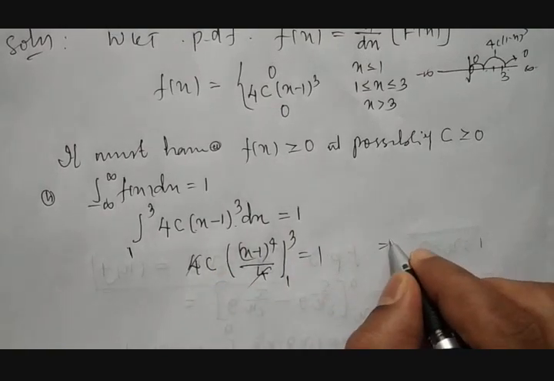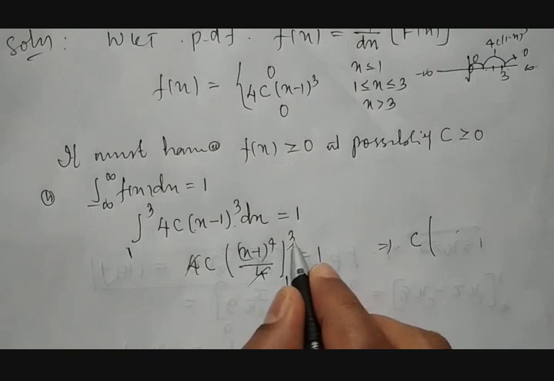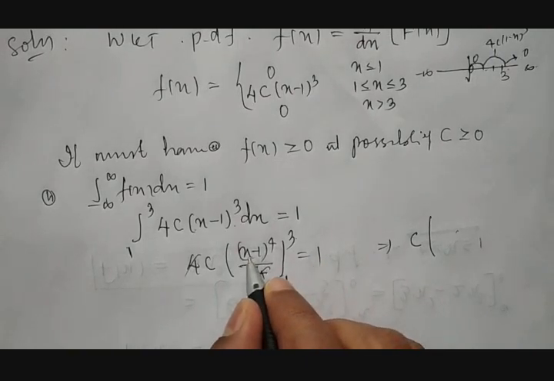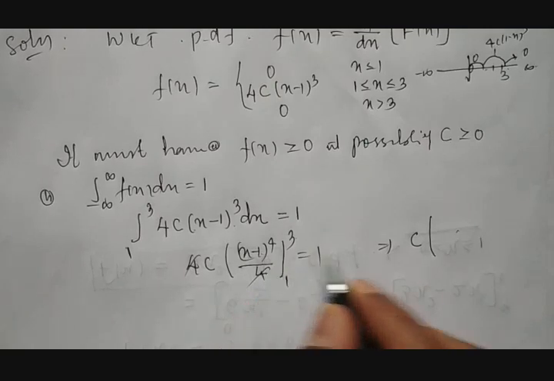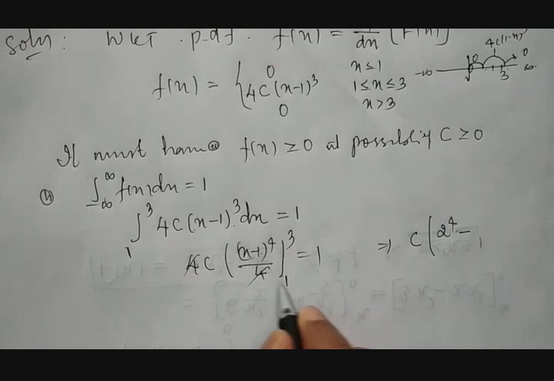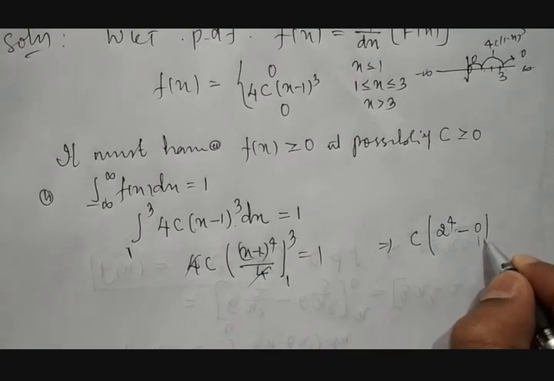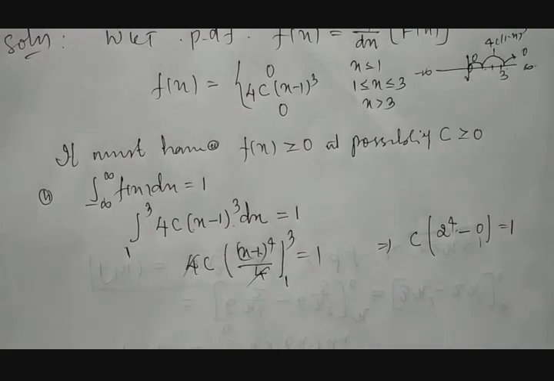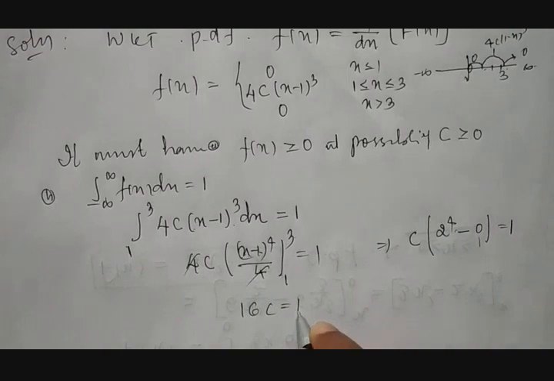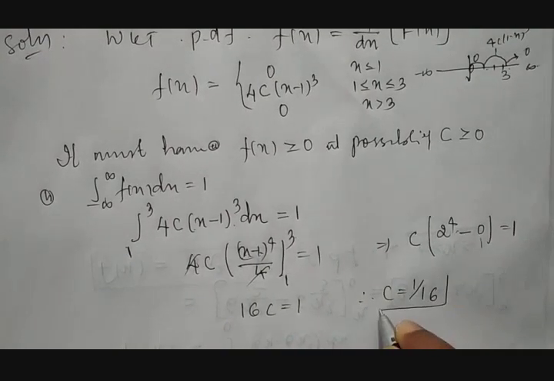The 4 gets cancelled, therefore c into, substituting the upper limit 3 in place of x, it becomes 3 minus 1 is 2, so 2 raised to 4, minus, if you substitute the lower limit 1, it becomes 1 minus 1 is 0, so this is 0, equal to 1. And 2 raised to 4 is 16, so 16c is equal to 1, therefore c is equal to 1 divided by 16.